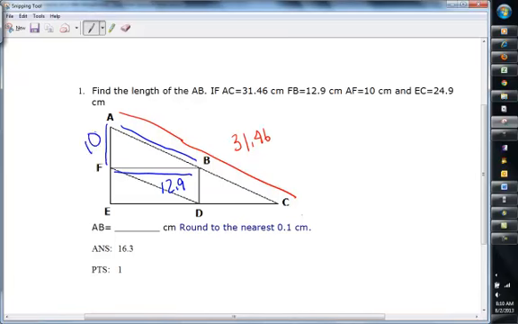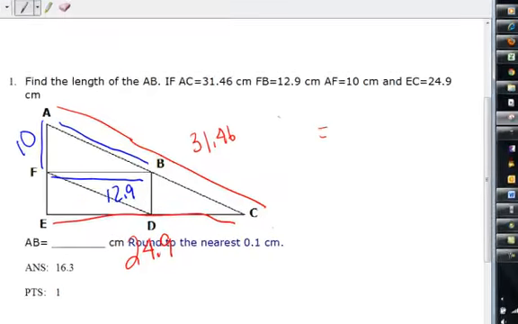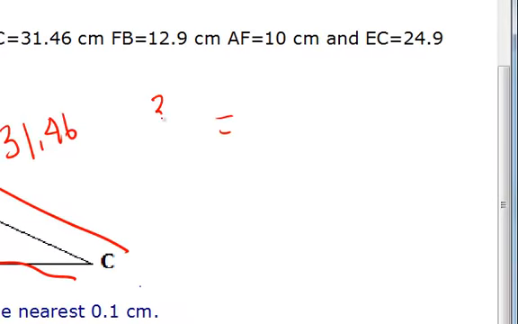And E to C is 24.9. Okay, so we've got a proportion we're going to be solving for. Let's do the slanty side of the big triangle on top, the bottom of the big triangle on the bottom.